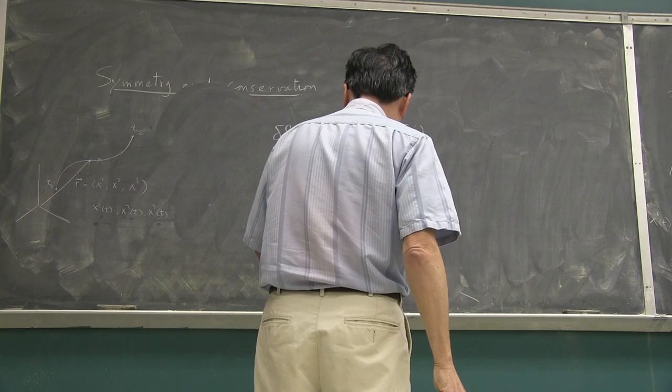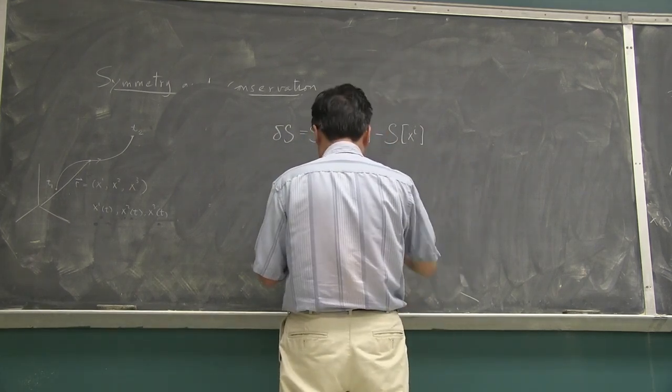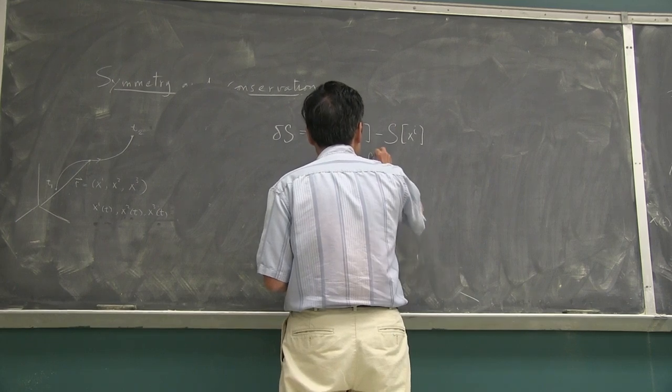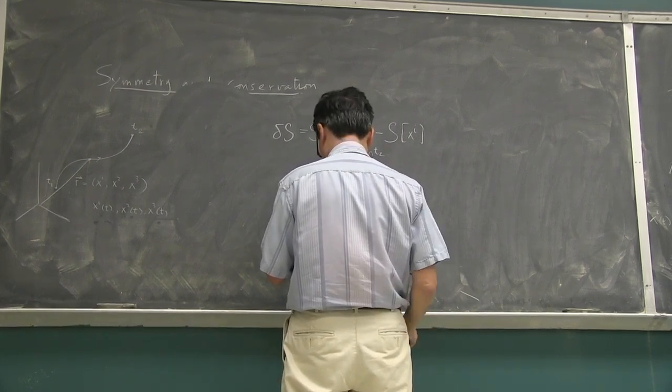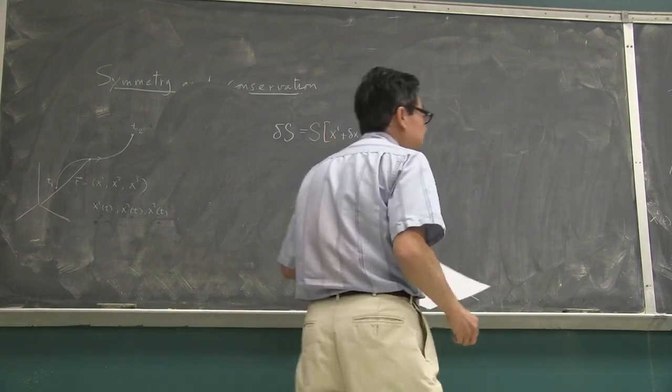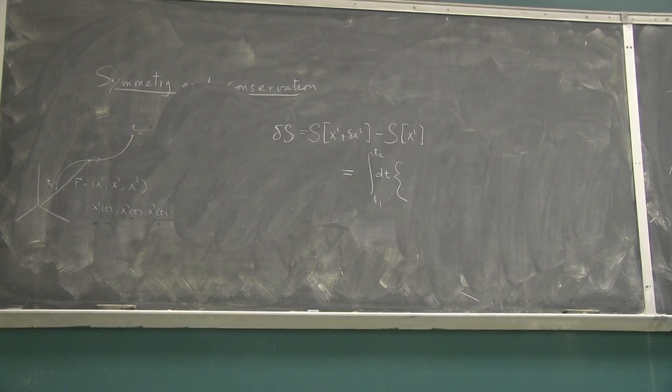Okay? And as we have just seen, after the killing of the surface term, this is equal to the integral dt. Now I just factor out the terms that are proportional to delta xi, right?